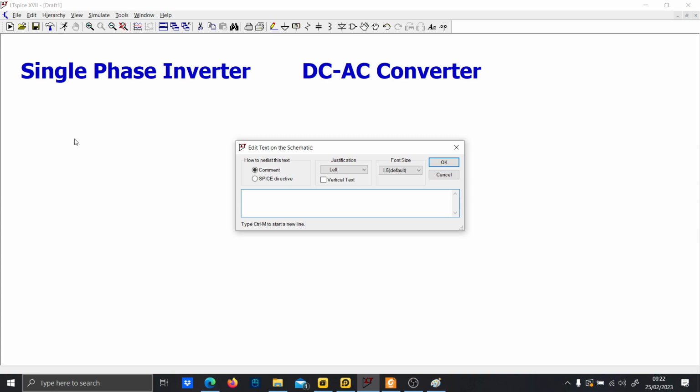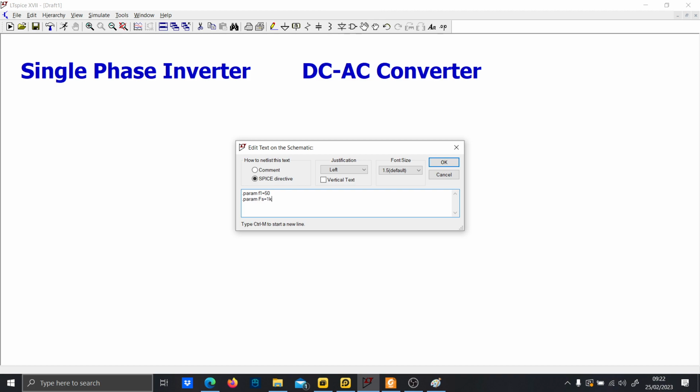First of all, we want to call the parameters. We need the fundamental frequency and the modulation factor. So .param f1 50. You are saying that basically the fundamental frequency is 50 Hz. Now you need the switching frequency of your converter, which we'll call Fs.